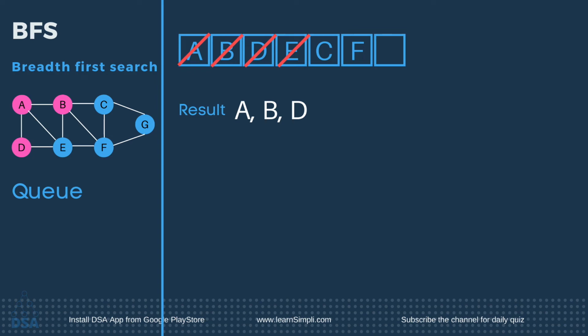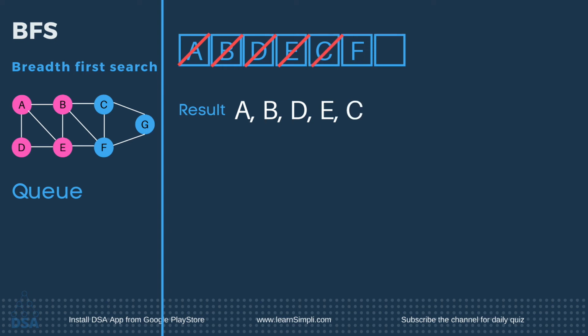Delete E, print the result and mark it as visited. Now we will explore vertex E. Adjacent nodes of E are A, B, D and F. A, D and B are already visited and F is inserted in the queue. So move to the next vertex, that is C.